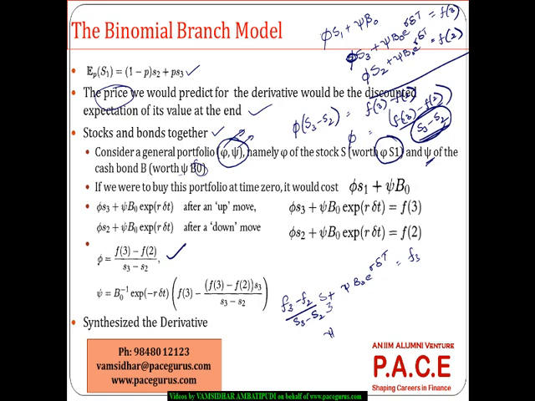Now with this, what has happened is, by investing in phi units of the stock and psi units of the bond, we have synthetically created the derivative. Without actually investing in the derivative, we have created the payoff of the derivative.